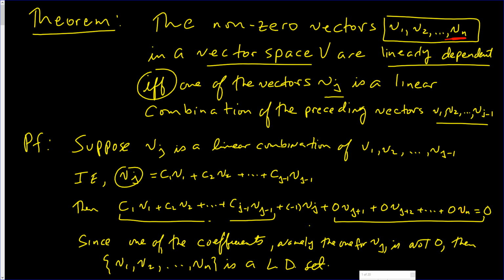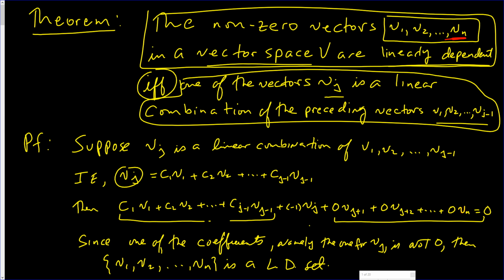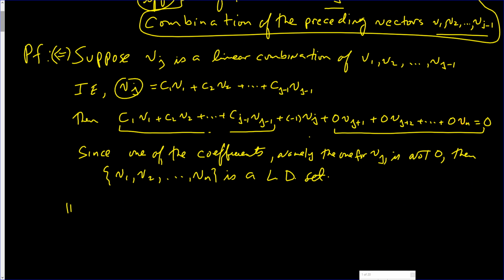And that's what I wanted to show. I showed that this here implies this. Now I need to show it the other way. So I went in this direction, the easier one. Now I want to show the proof in the other direction.